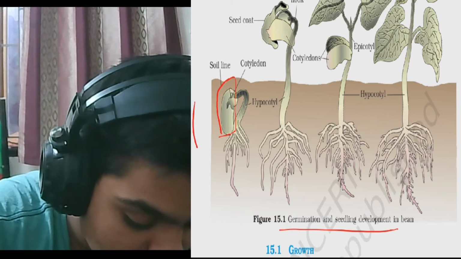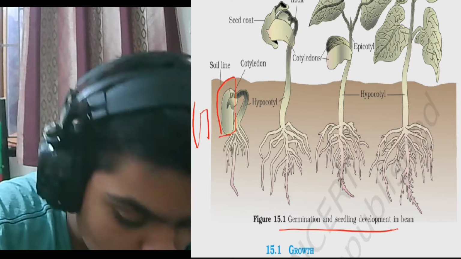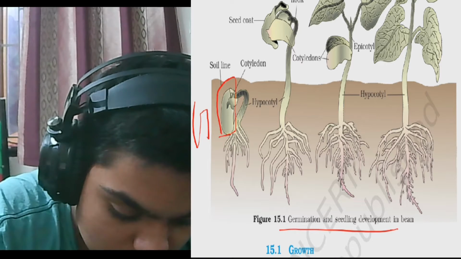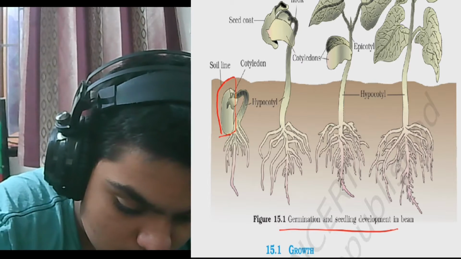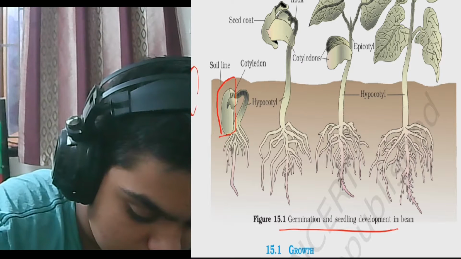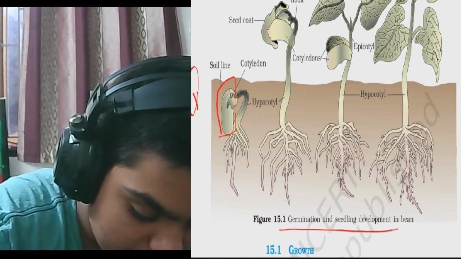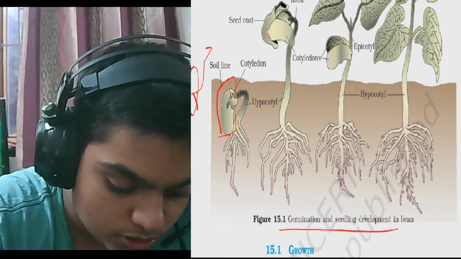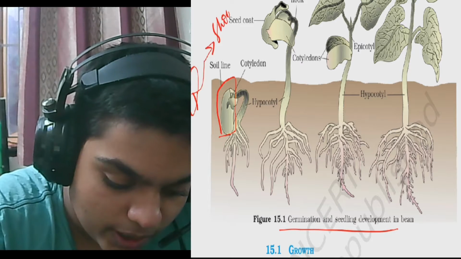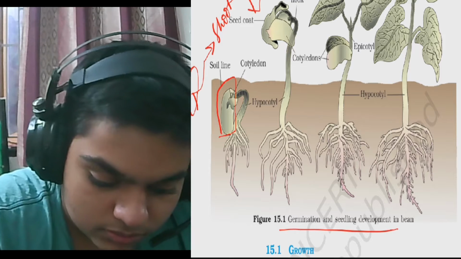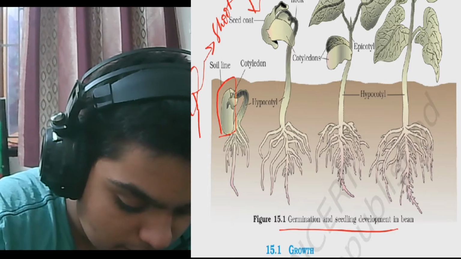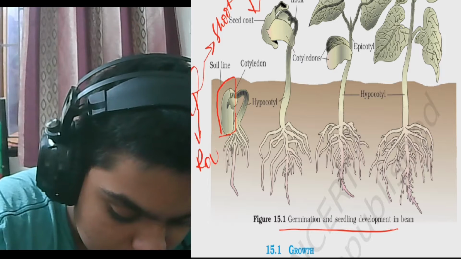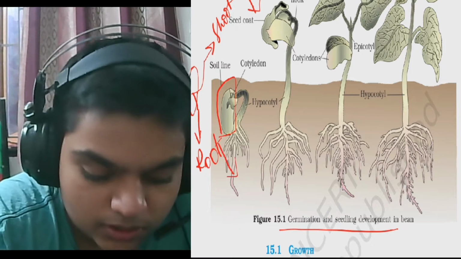In a seed we have two portions, or we can say two projections. See, this is the seed. We have one radicle, one plumule. The plumule develops into shoot, becomes the shoot part, the upper part, this one, and the radicle becomes the root part, the underground part, this one.